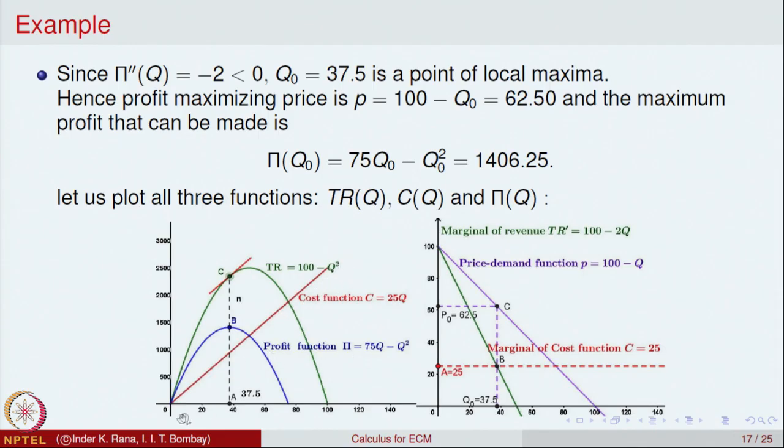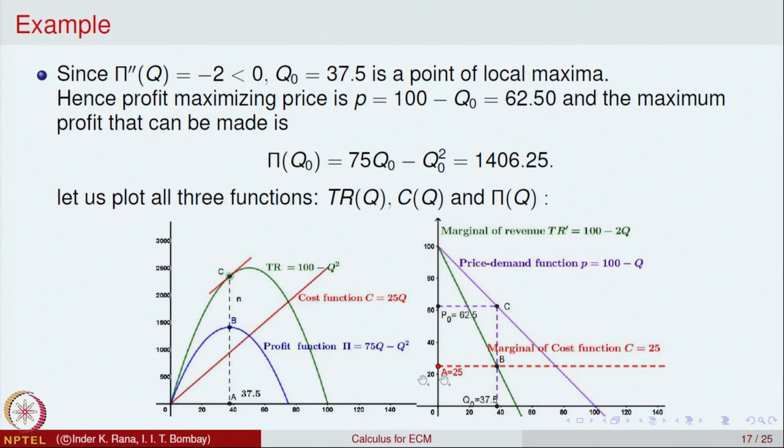See, this is the cost function. At the point where the revenue has a maximum, the slope of the revenue is equal to the slope of this line, the total cost. That means the tangent at this point will be parallel to the marginal cost line, because that is linear. That is also indicated here. So, this is how one can interpret the data graphically.